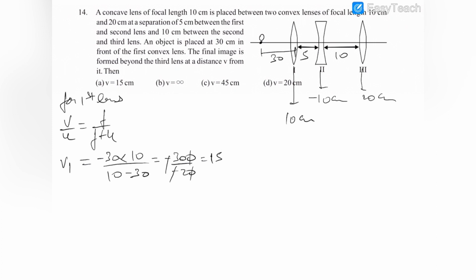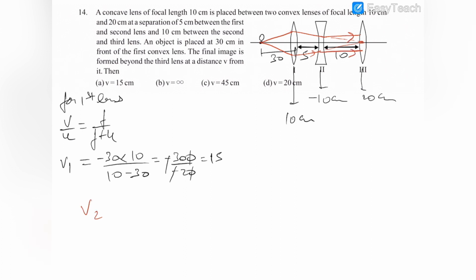Let us draw the ray diagram. So it would be like that, and you can see that 15 would be here. For this lens, the focal length is minus 10. So this is the focus of this lens, and we have kept an object at a distance of f from this lens, so the image will be at infinity.